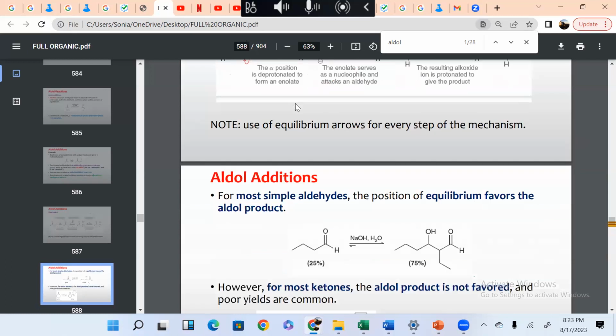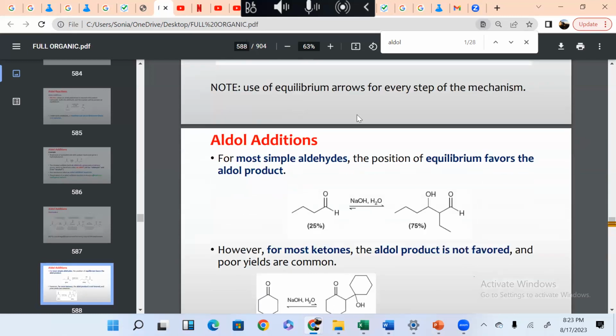For most simple aldehydes, the position of equilibrium favors the aldol product, the one which contains the alcohol and the aldehyde.